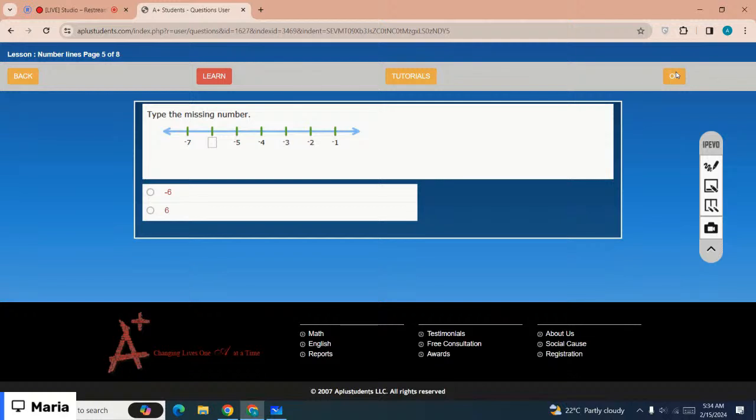Type the missing number. That is negative 6 missing, right?